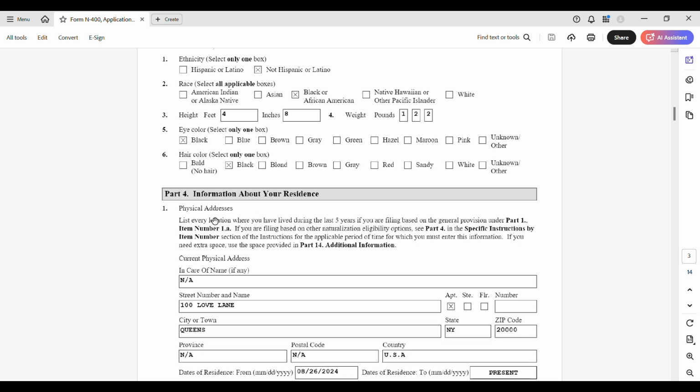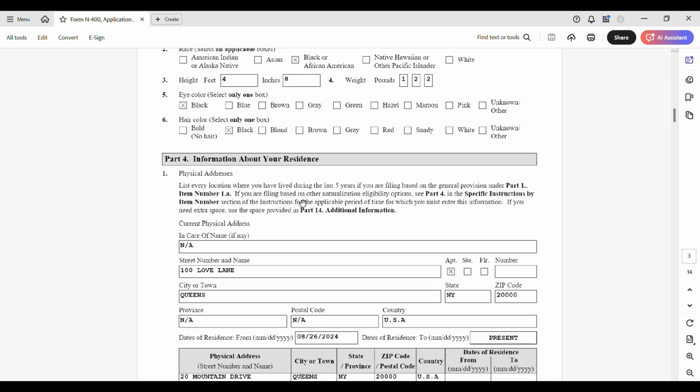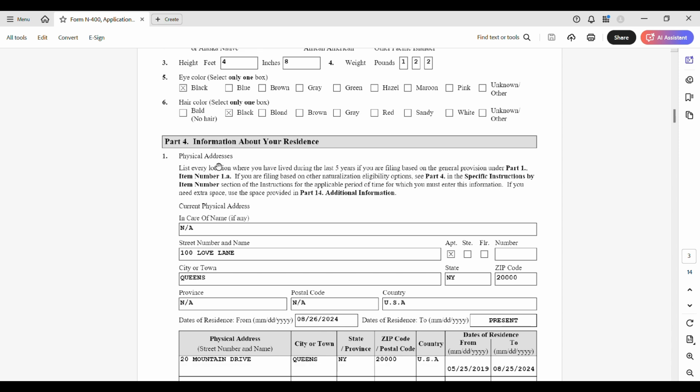Part 4, information about your residence. Physical addresses. List every location where you have lived during the last 5 years if you are filing based on the general provision under Part 1. So in the general provision, that would not be applicable to us.